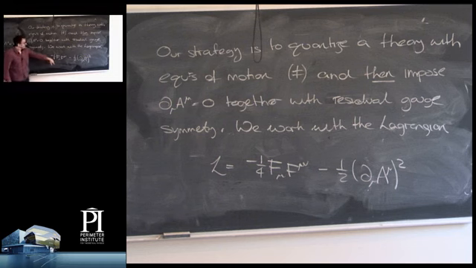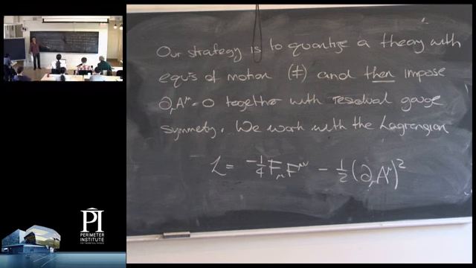Okay, so we're going to work with this Lagrangian. So what's the purpose of this Lagrangian? Well, if you compute the equations of motion from this Lagrangian, it's equal to this. Now, if I work with this Lagrangian, I get these as the equations of motion immediately, but they're only going to agree with Maxwell theory if I subsequently impose this Lorentz condition. So I think this is the answer to your question, Chris.